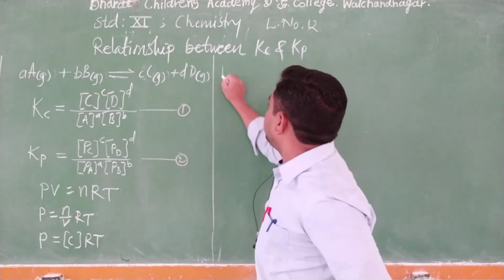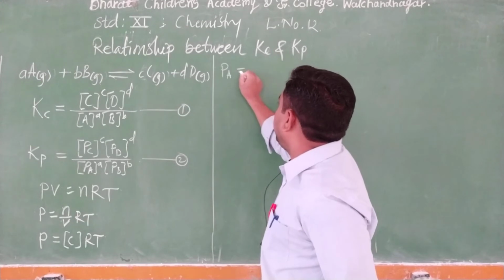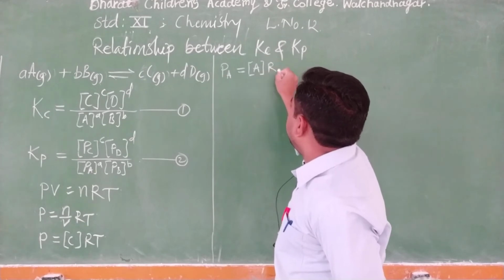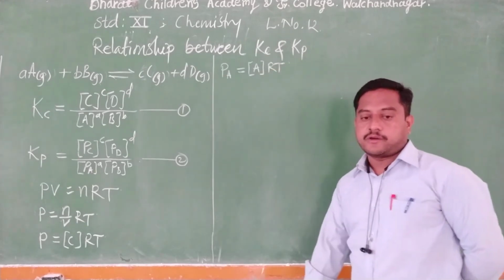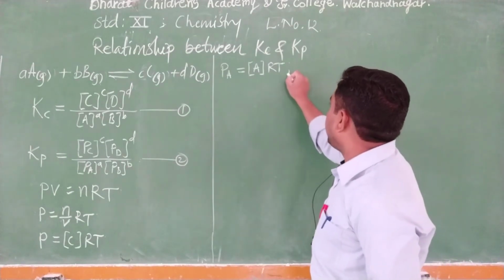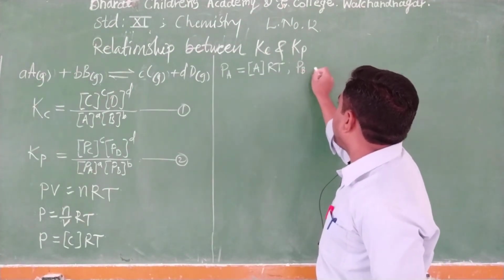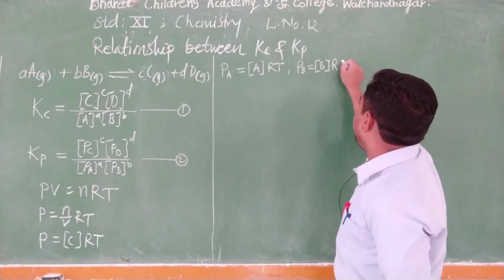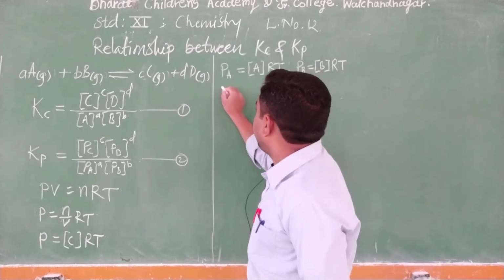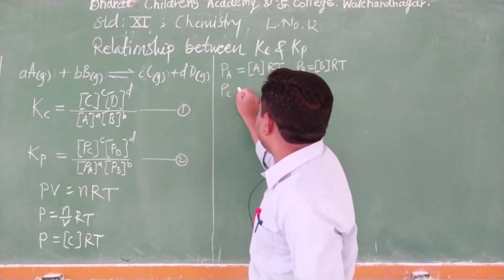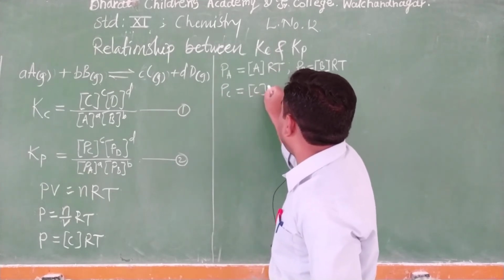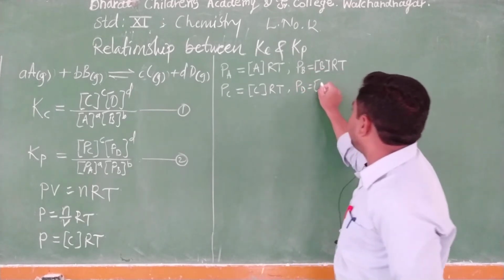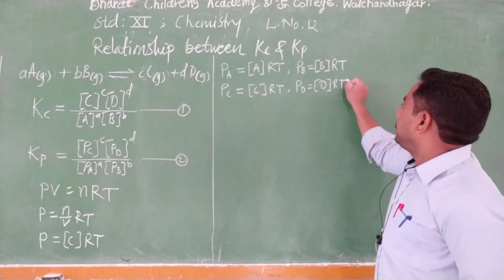If pressure is equal to CRT, then whenever I say pressure of reactant A, it becomes concentration of A into RT, right? When I say pressure of reactant B, then it becomes concentration of B into RT. Similarly, pressure of C will be concentration of C into RT, and pressure of D will be equal to concentration of D into RT.